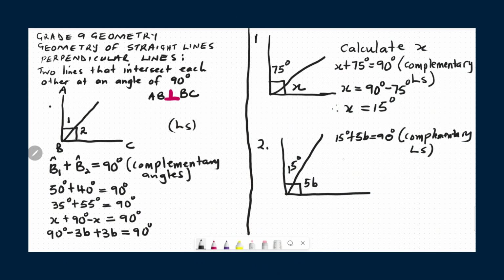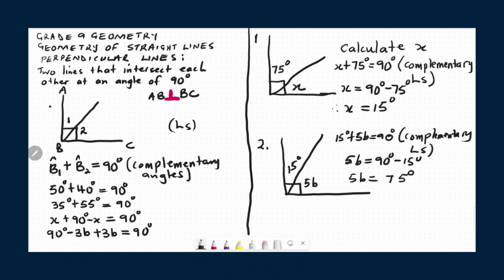Then let's make 5b the subject. 5b is equal to 90 degrees minus 15 degrees, which means 5b is equal to 75 degrees.